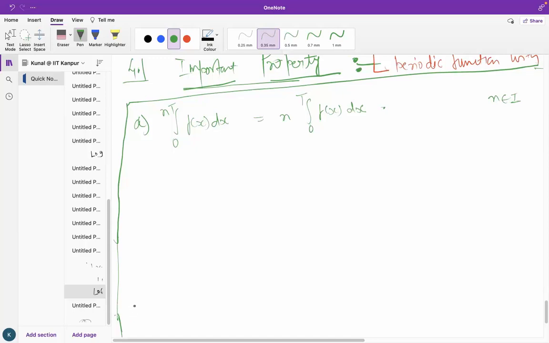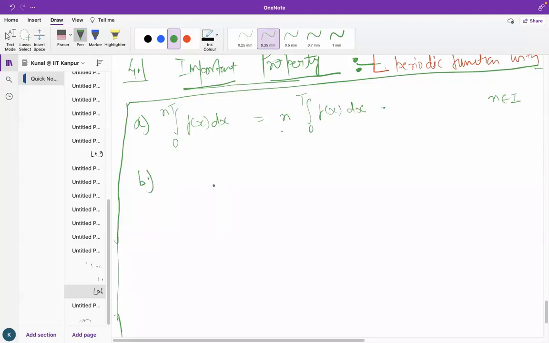So it is equal to n coming outside the limit in the form of a product. So we write n into the integral, and we are just integrating the function in one period and multiplying it n times.